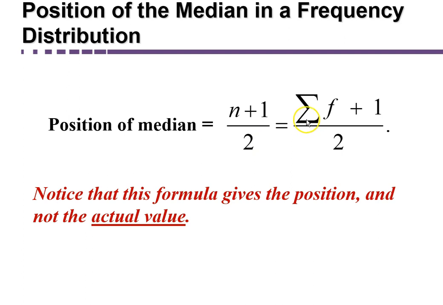So in a sense, it's the sum of all the frequencies, add 1 and then divide by 2. And I'll show you an example of this. Now, this doesn't give you the value of the number you're looking for. It just shows you the position in the listing of your data.